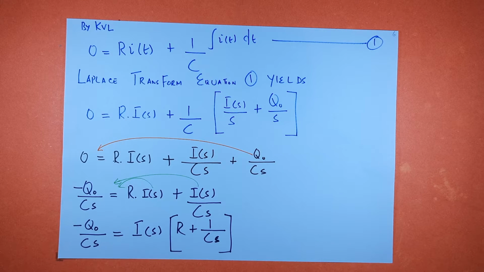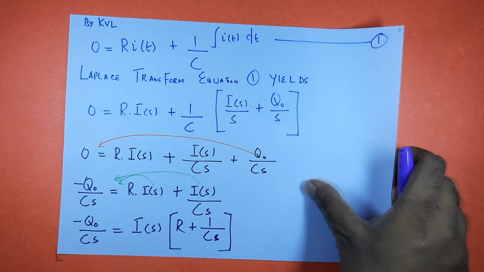So it will become minus Q naught by Cs equal to R I of S plus I of S divided by Cs. Now on this right hand side, I of S is common. You can take it outside. Minus Q naught divided by Cs equal to I of S into R plus 1 by Cs.